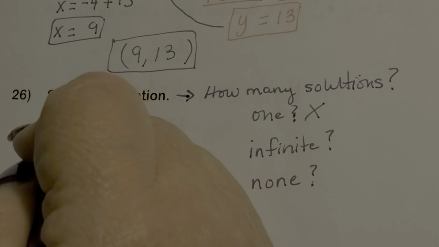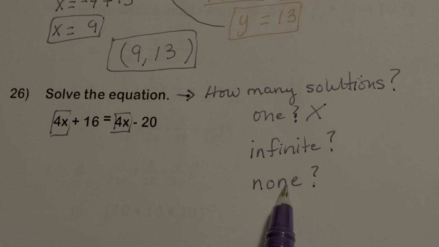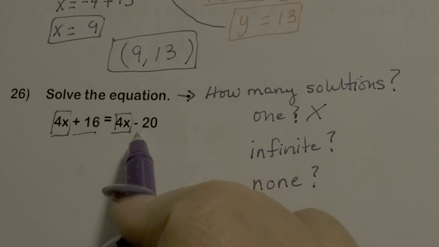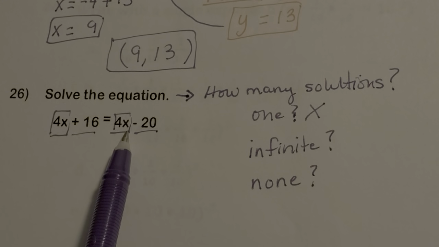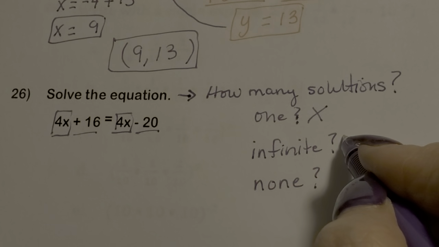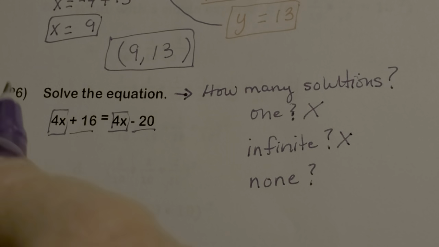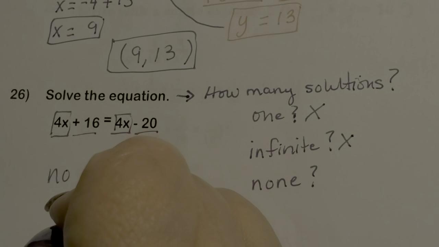My variables are identical, so therefore it could be either infinite or none. But I noticed that my constants are different. If my variables are identical, but my constants are different, it can't be infinite solutions because they would have to be identical to be infinite. Therefore, this equation has no solutions.